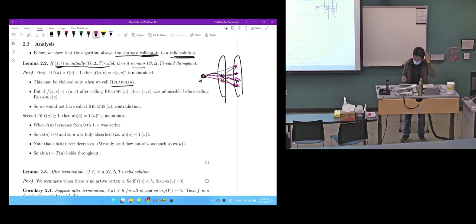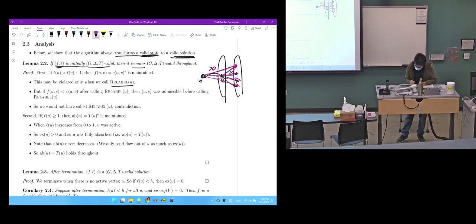But it will not be violated. If this edge has residual capacity more than 0, then before the relabel it had residual capacity more than 0, and that would be an admissible edge. But if there is an admissible edge, we wouldn't relabel, so that's why it's fine.